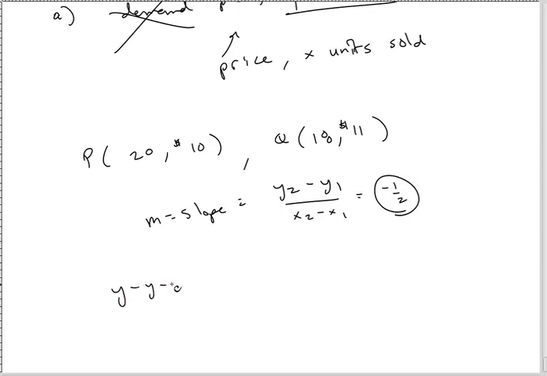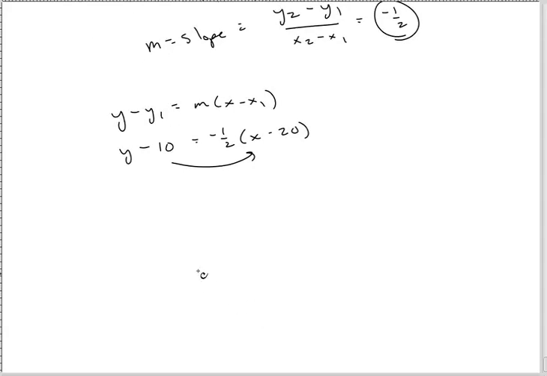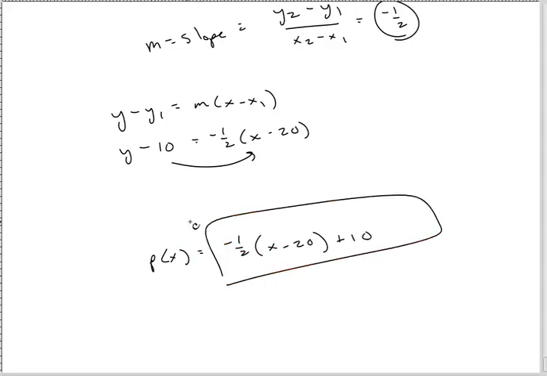And then I got Y minus Y1 is equal to M times X minus X1. This is just a classic. Move the 10 over, and that's your answer for P of X. It's going to be -1/2 X minus 20, plus 10. That's what you're typing into WebAssign for part A.